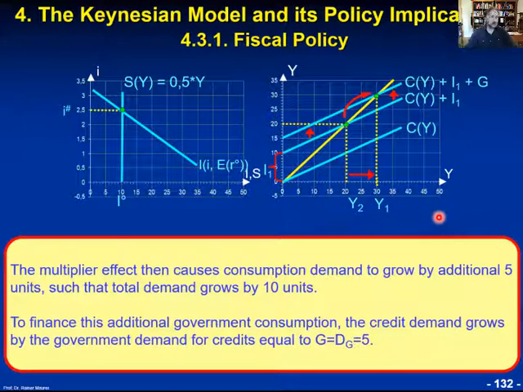But now we still have to finance this additional government expenditure with credits on the capital market. To finance this additional government consumption on the credit market, the credit demand grows by the government demand for credits, of course, equal to 5 units, the length of one little quad. So we have to shift the total credit demand curve to the right by the length of one little quad.